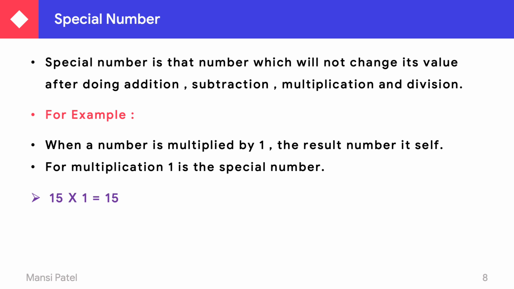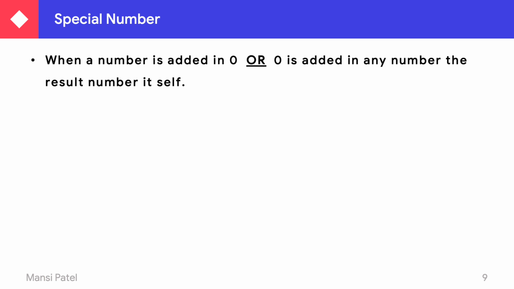Then 24 ones are 24. So here you can see also any number multiplied by 1, the answer is the number itself. When 0 is added to any number, then the answer is the number itself.